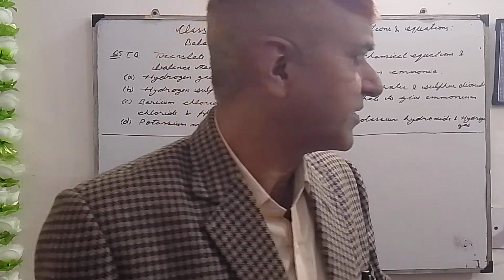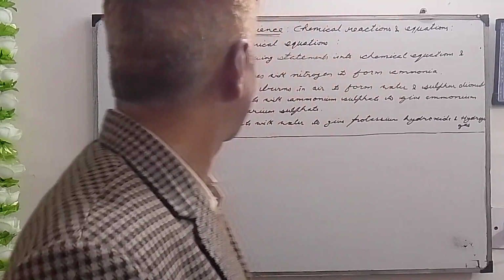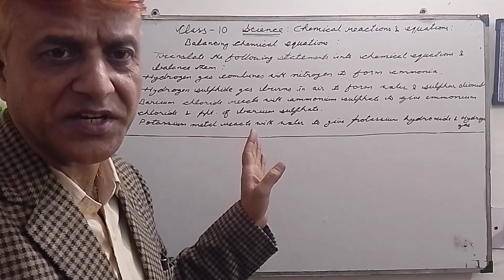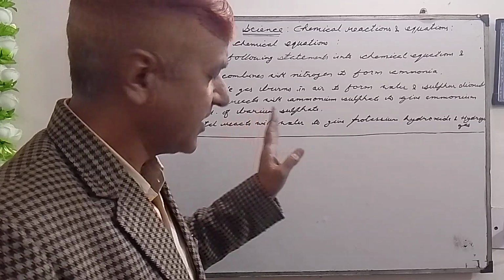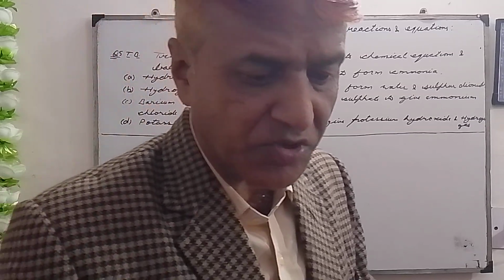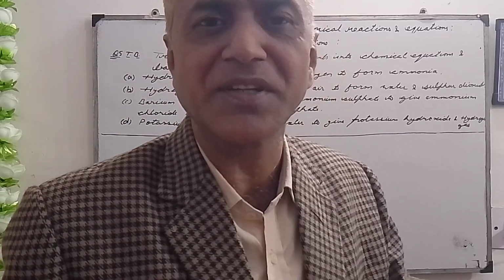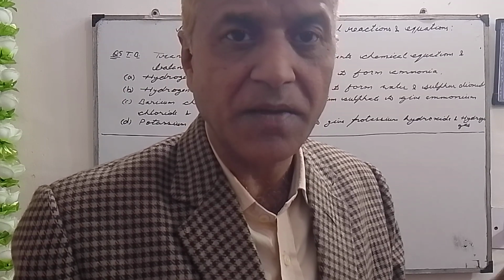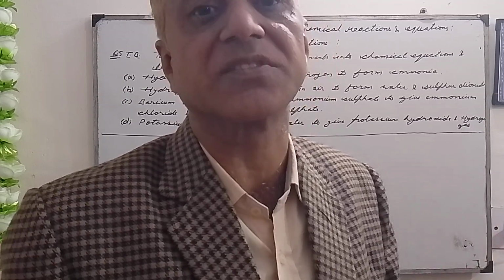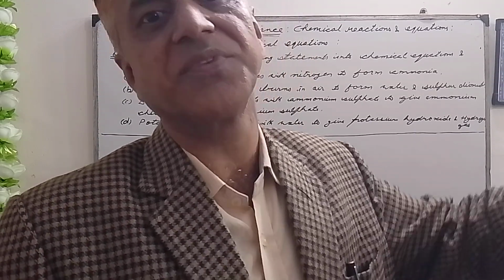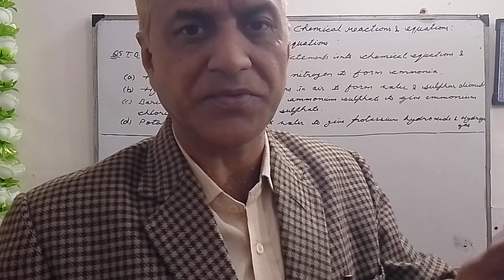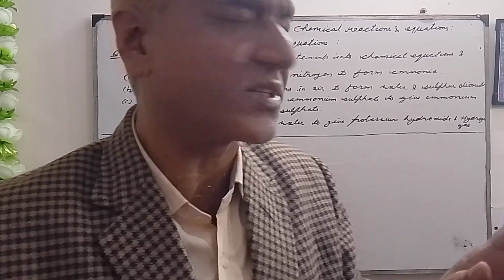I have taken question number 5 from your NCERT textbook. In today's question, chemical equations are not given in terms of formulas, but in terms of reactions, and we have to convert them into chemical equations in the form of formulas and symbols.